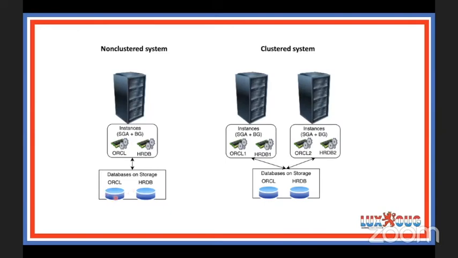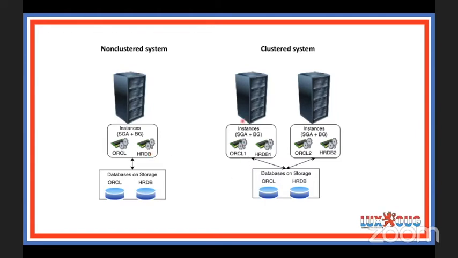When database starts, SGA and background processes are allocated on the node. So for ORCL database, we have one instance also called ORCL, and for HRDB we have also one instance, mostly same name, HRDB instance.